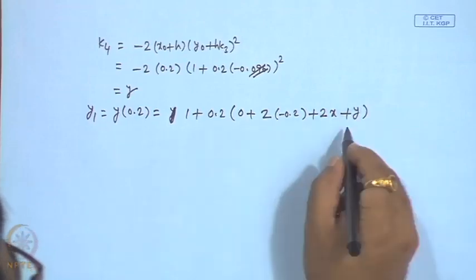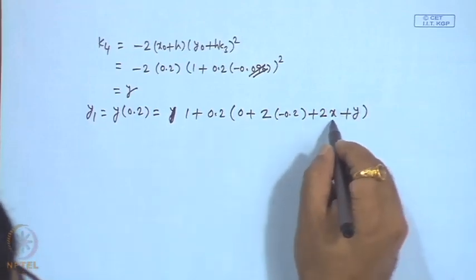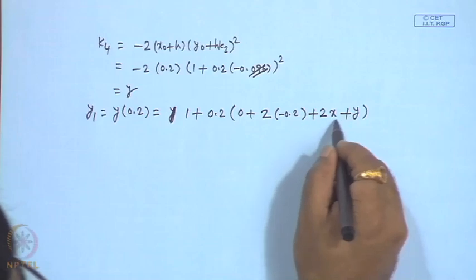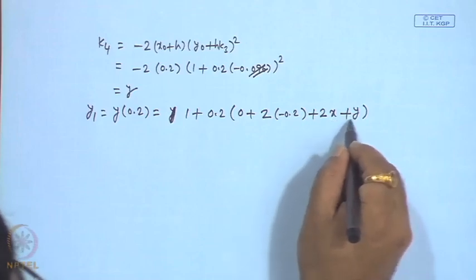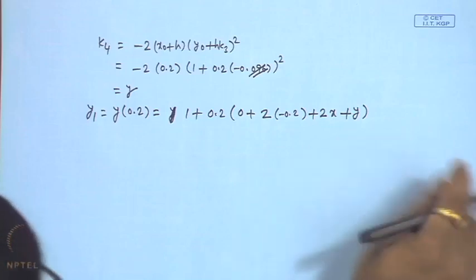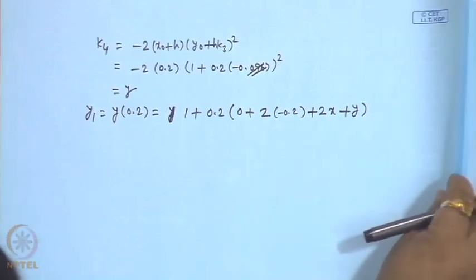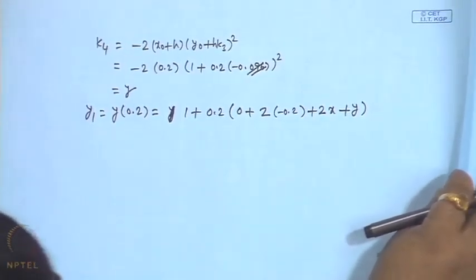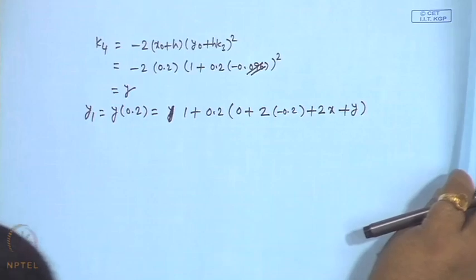So, we get the answer. Pardon, we have to simplify and get x and y. This is just to explain the method. That is how we compute the solution.